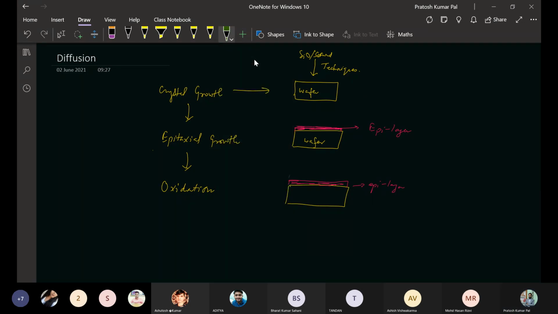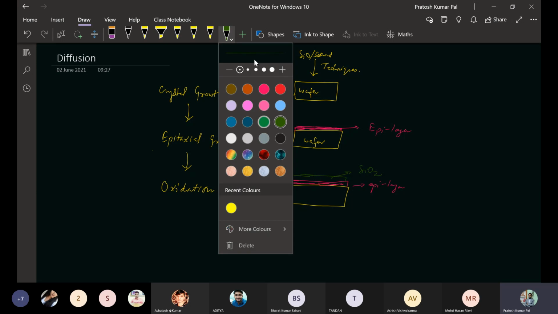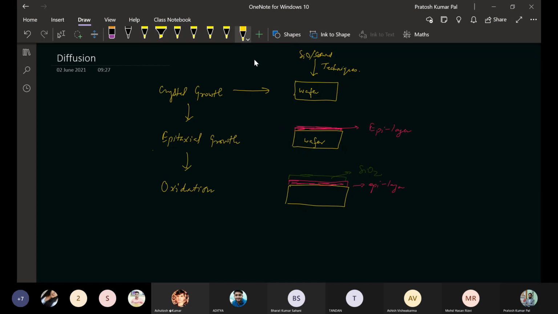So in oxidation we have basically grown an oxide layer. This is SiO2. Till now we have seen this. The next step that comes in fabrication is the lithography.